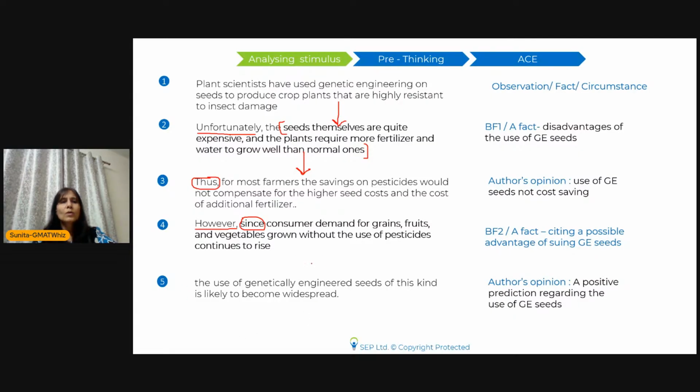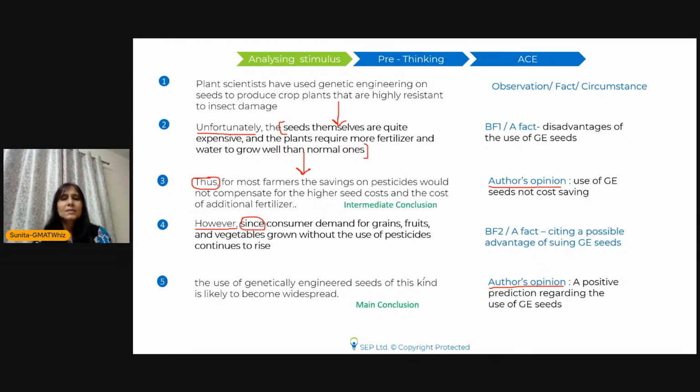So we have the author's opinion here. No rocket science here to realize that the ultimate opinion, the main conclusion, is the last one. This is what the author wants to prove, despite whatever drawbacks the genetically engineered seeds have. This is the main conclusion. If this is the main conclusion, then all the sentences supporting the main conclusion will be called a premise.